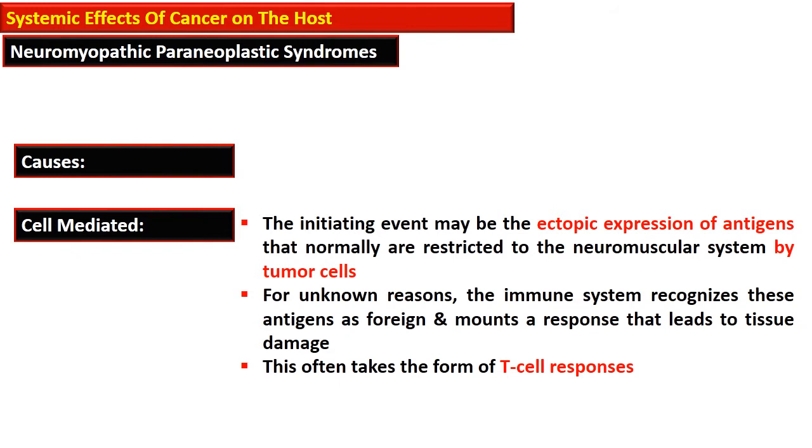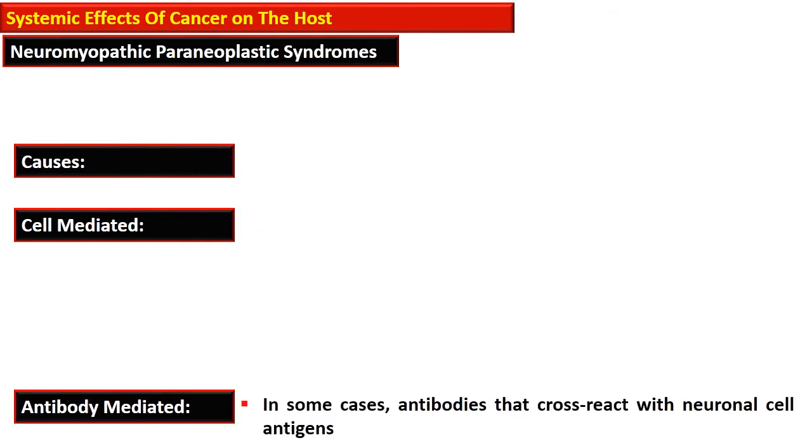The immune system recognizes these antigens as foreign and it starts a response that leads to the tissue damage, and this takes the form of a T-cell response. In some cases, antibodies that cross-react with the neuronal cell antigen are responsible.